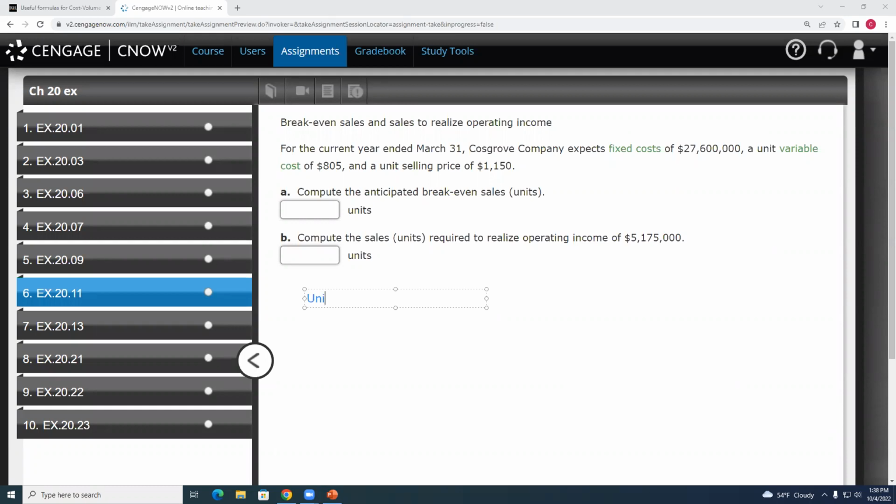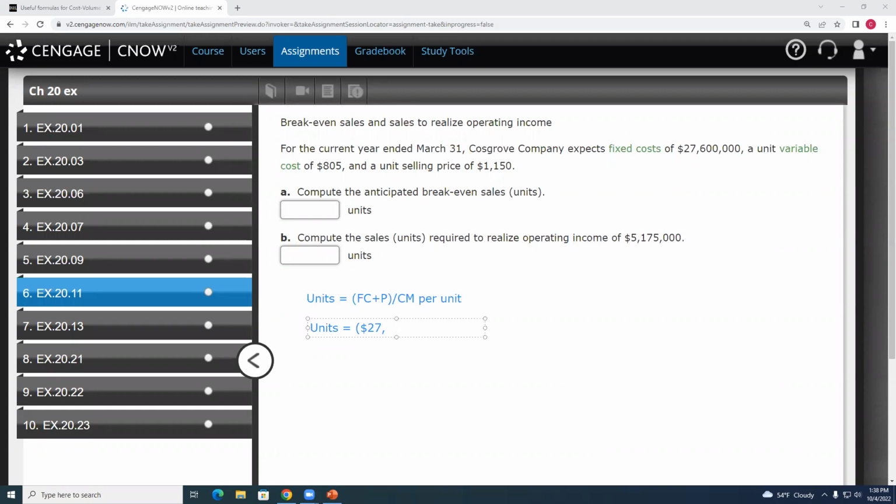So I'm just going to type a shorthand of what the calculation is. This is the formula that I just showed you in the reference materials. We'll start out with finding the break-even units and our fixed costs.